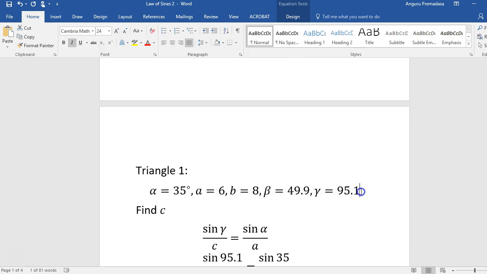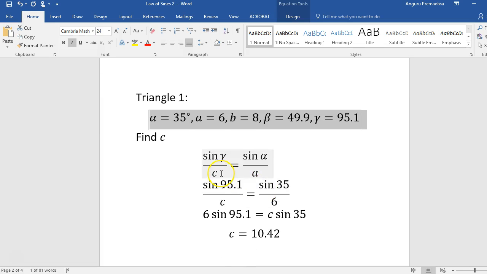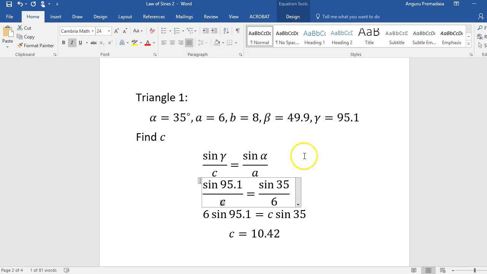If we want to find c, we need to use the ratio sine gamma over c equal to, and we can use one of the other ratios, but we use sine alpha over a because alpha is the original angle that was given to us. So if you plug in the values, sine 95.1, which is gamma, divided by c, the unknown, is equal to sine 35 divided by a, which is 6.